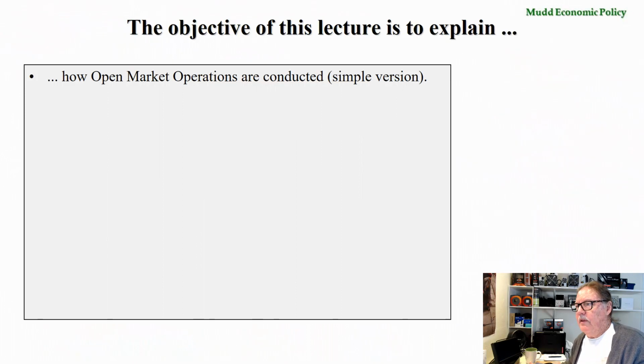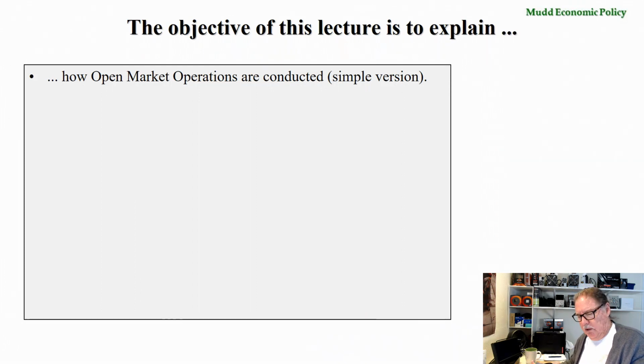So the objective of this lecture, and I still mean this lecture and part 3, because I just took the original open market operation lecture and cut it in half to make 2 shorter videos rather than one long, tedious video, is as follows. We're going to, again, see how open market operations are conducted using the simple explanation.